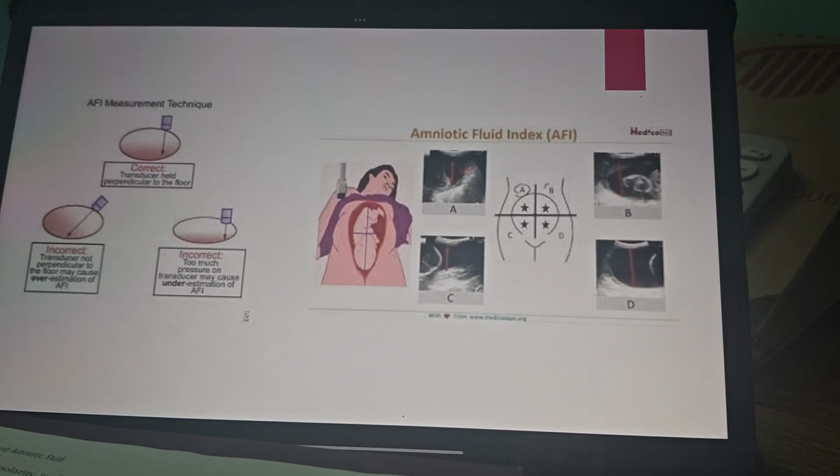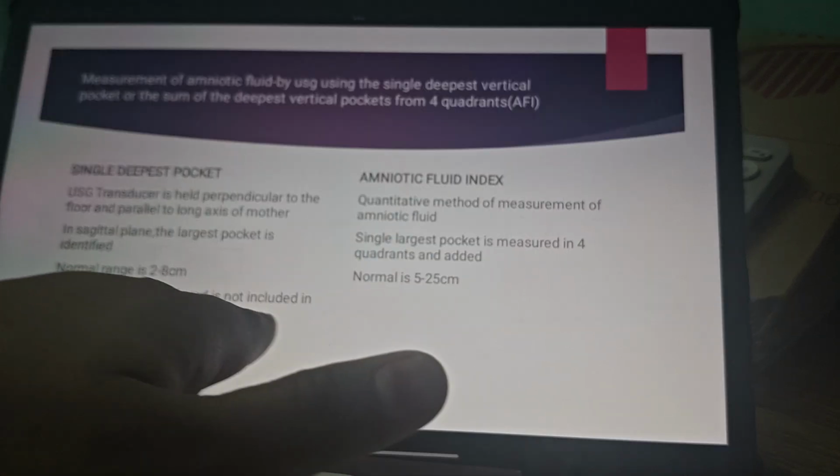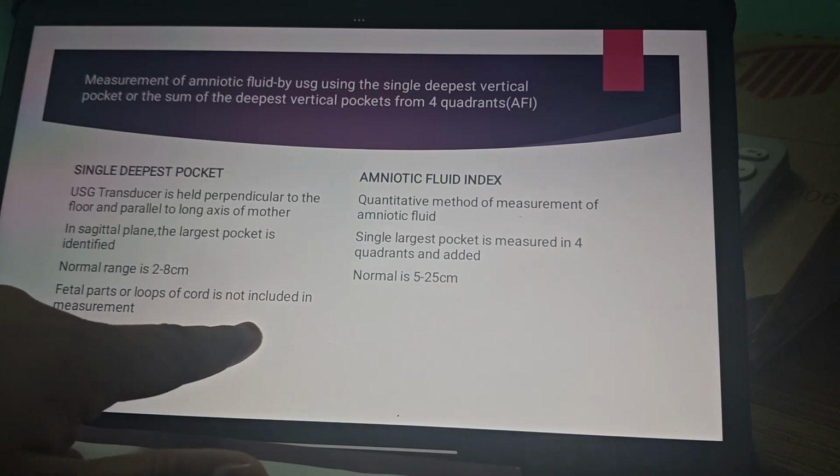So this image depicts the correct position of the transducer while calculating the amniotic fluid index. It is placed perpendicular to the floor and measurements are taken in the sagittal plane with no cord or fetal part in the plane.